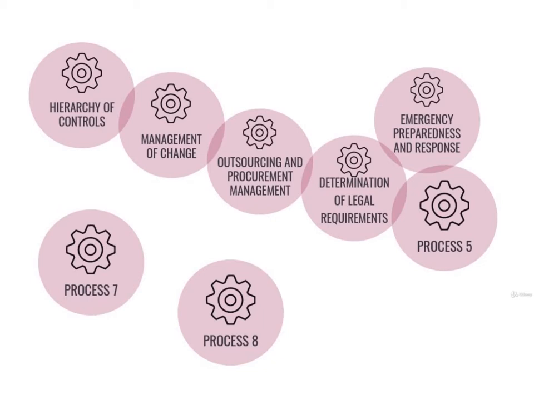The key processes discussed in this section will be hierarchy of controls, to utilize the most effective means of risk reduction within the organization; management of change, to ensure that when planned changes occur, they are managed to control risk; outsourcing and procurement management, to make sure that risk controls are adequate for all outsourced processes; emergency preparedness and response, to identify potential emergency risks and develop specific and customized plans with key stakeholders to minimize these risks; determination of legal requirements, to determine which laws apply to the OH&S system and act accordingly.